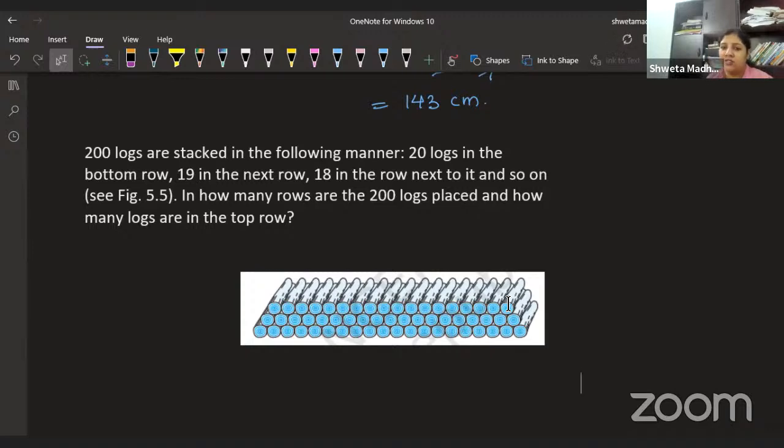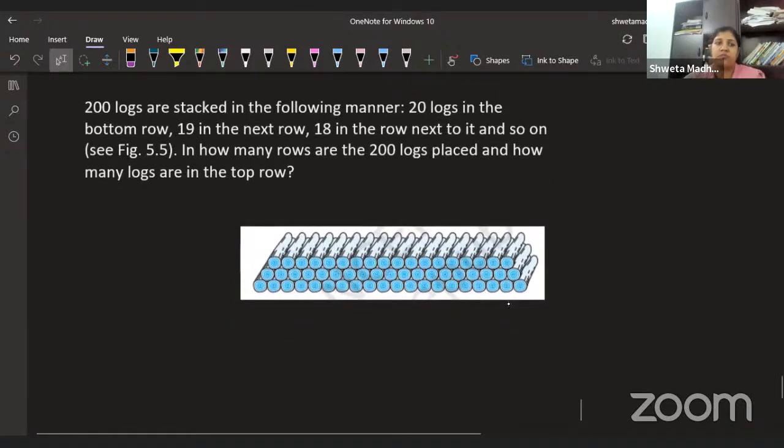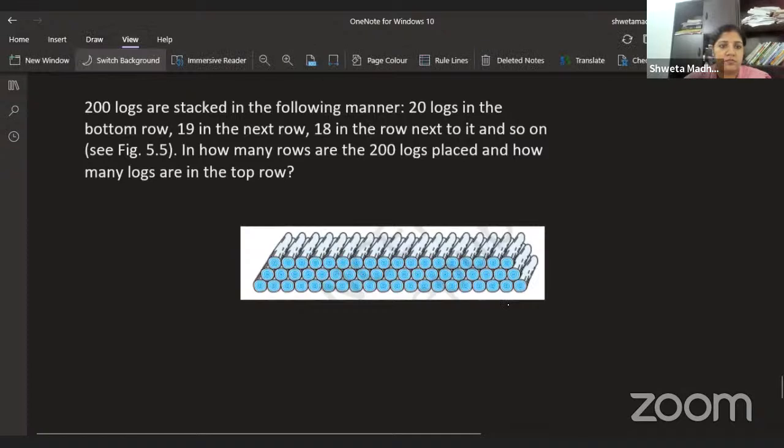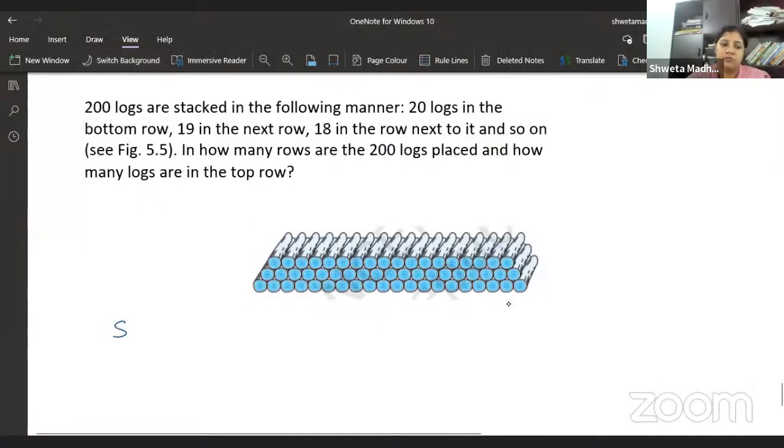Total 200 logs, that means Sn is 200. You have an AP with 20, 19, 18, and so on.